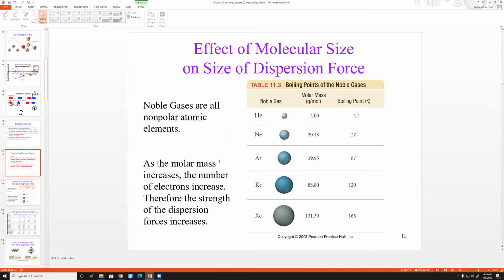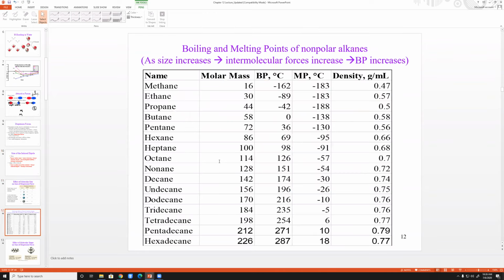Things like ethanol and methanol have lower boiling points. Here's methane and ethane. Their boiling points are extremely low because these are basically all nonpolar, so they don't have that many intermolecular forces to break. So the boiling point is going to be low.